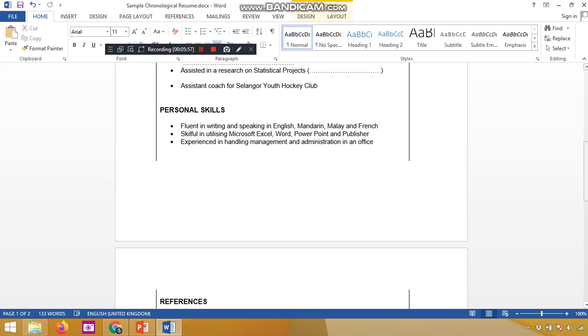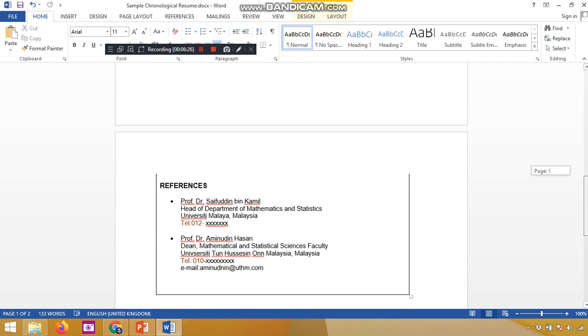Or maybe the requirement says we want someone who has good computer skills. So when you put it up, you say skillful in utilizing Microsoft Excel, Word, PowerPoint, and Publisher. You see, you use the action verb. And then experience in handling management and administration in an office. You try to match as much as possible with the job requirement.